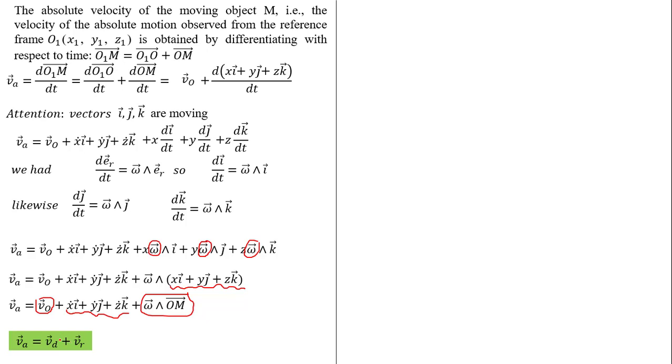This means the driving velocity can be seen as the velocity of translation of the moving frame, plus the velocity of rotation of the moving frame. So we need to memorize this equation, Va equal Vd plus Vr, where Vd is Vo plus omega cross OM. So we have a motion of translation and a motion of rotation, a combination of these two motions, and Vr is equal to x dot I plus y dot j plus z dot k.